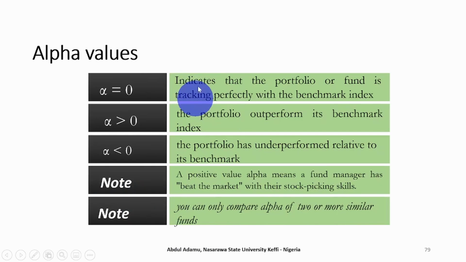If you are comparing the performance of two funds, we should compare funds that are similar in characteristics, not, let's say, an equity mutual fund with a bond mutual fund. That will not give us a good view of those comparisons.